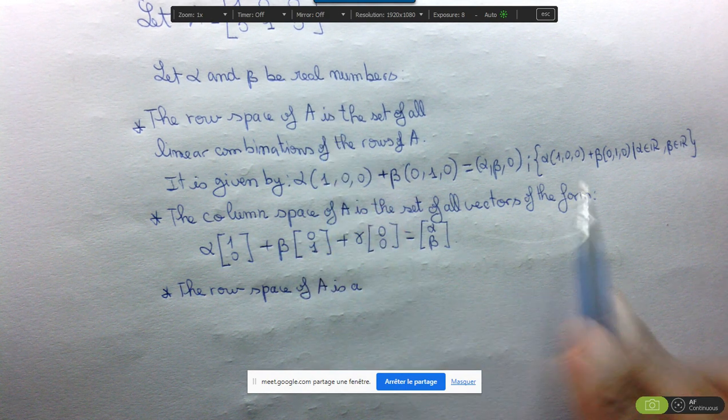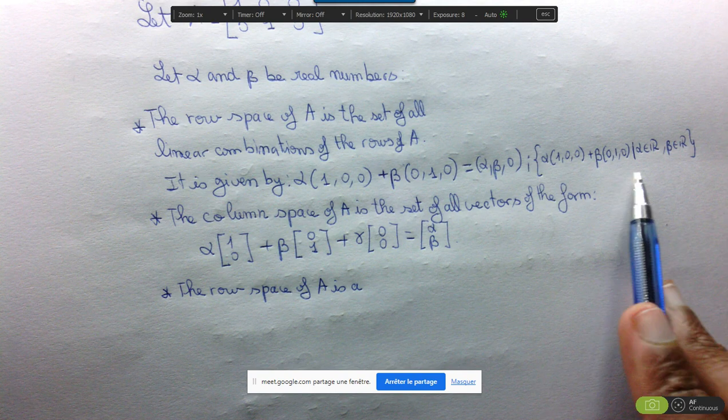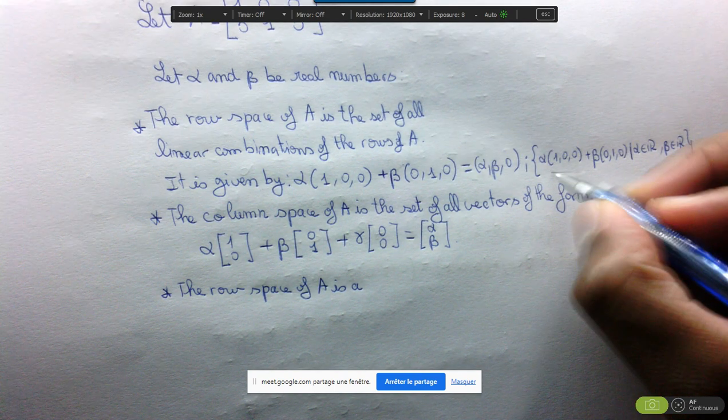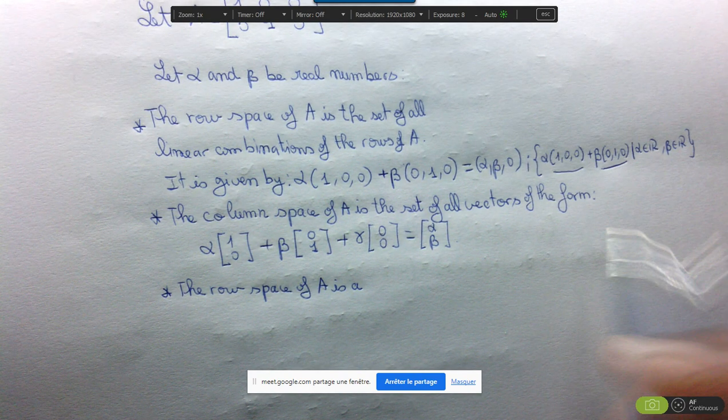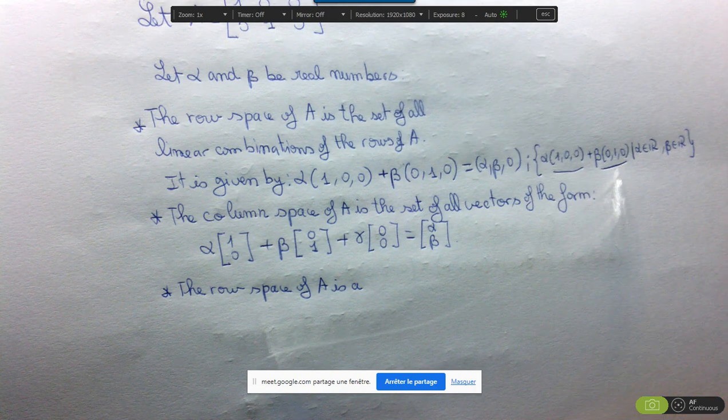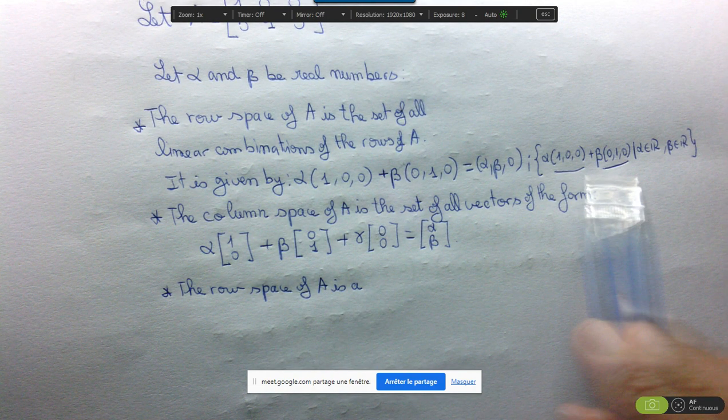Now why do we say that it is two-dimensional? Because we have two vectors, so the row space of A is two-dimensional.